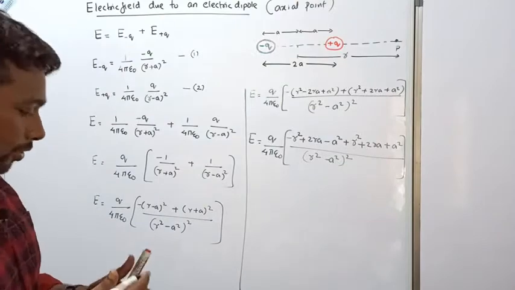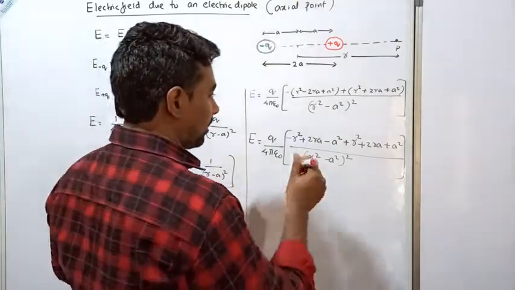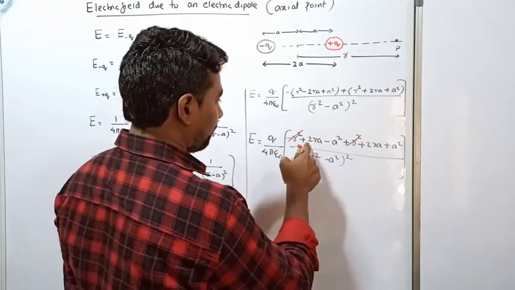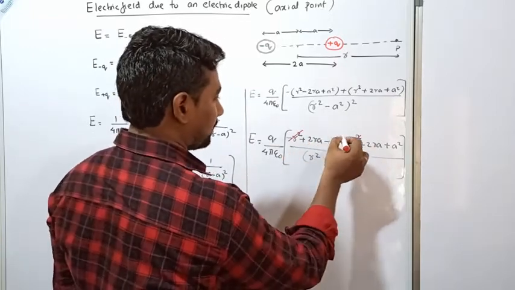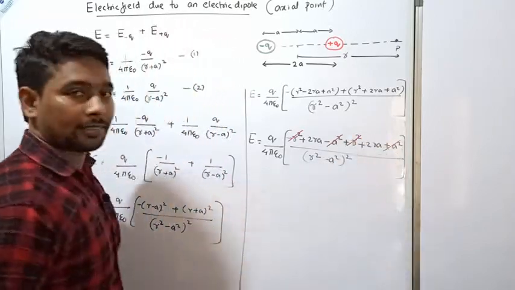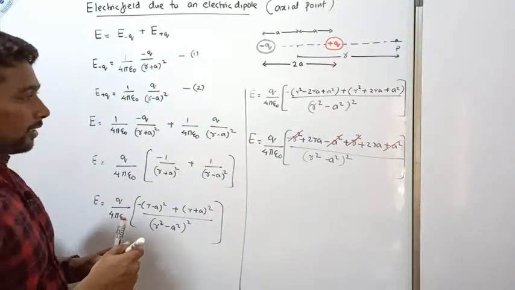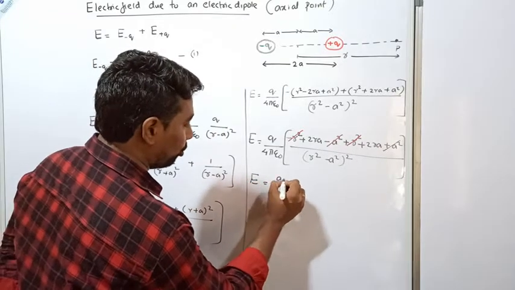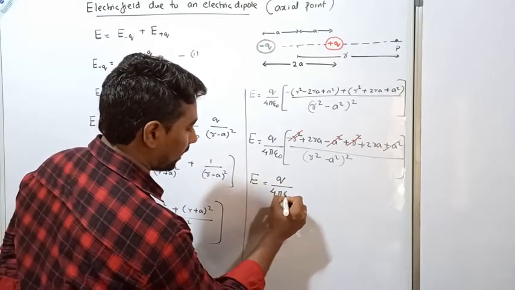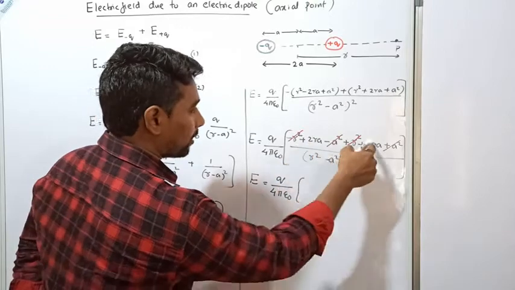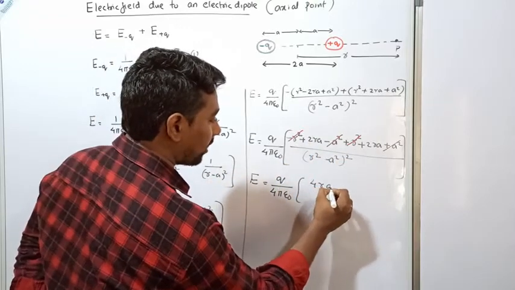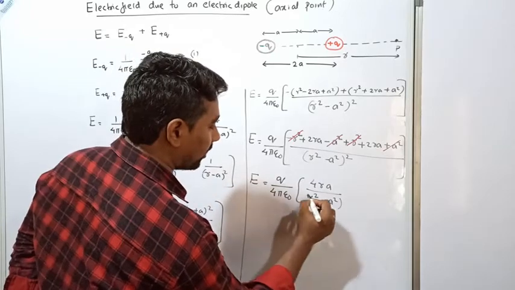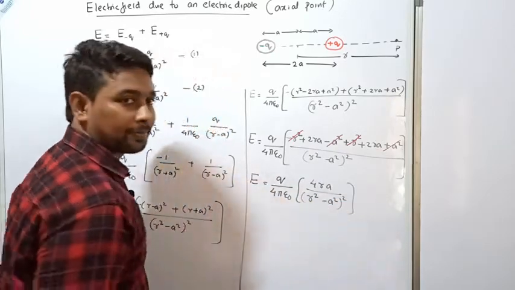What are the terms you can cancel? This minus r square and plus r square cancel. Minus a square and plus a square cancel, right? Then what are the terms left over? Equal to q by 4 pi epsilon 0 times 2ra plus 2ra, that means 4ra, whole divided by (r square minus a square) the whole square, right?